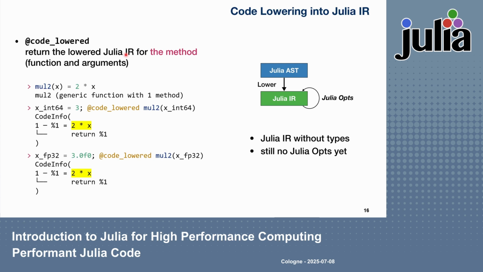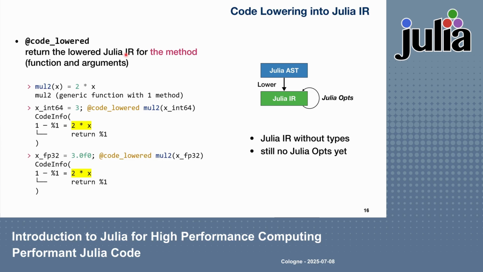And if you look at the code, even though it is called lowered, like a little bit low level, this is easily understandable by humans, right? This is still 2 times x. It's not really very low. And also for, let's say, a floating point number, this looks the same.